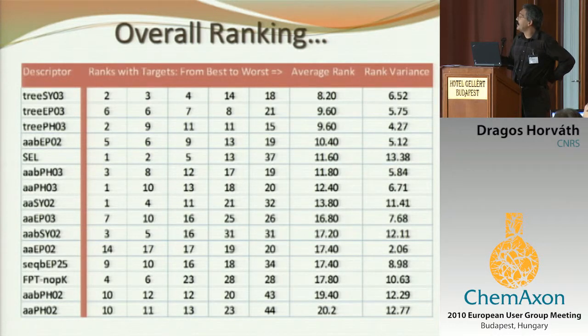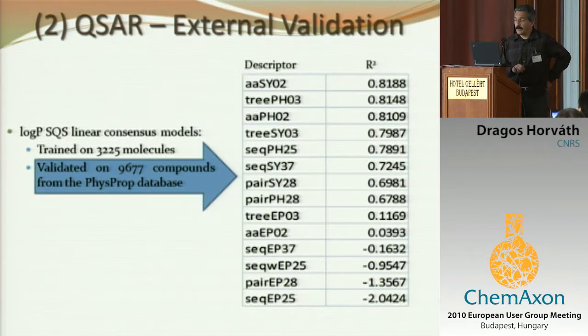This privileged space, which seems to do very well for some targets, then completely loses the game for the fifth. So if you look at the average rank and the rank variance, three descriptors appear to be not the best, but the most reliable, the ones that convey less surprising, less chaotic results.